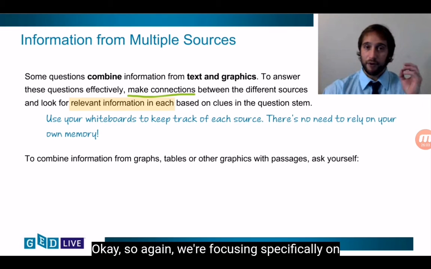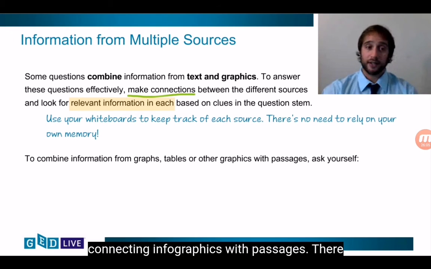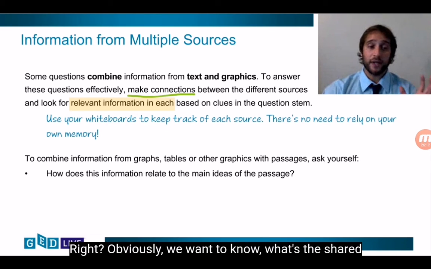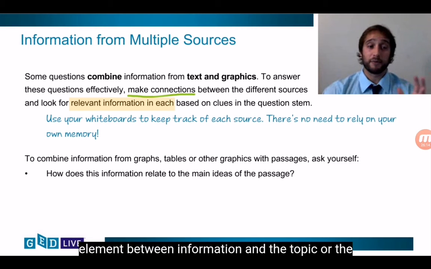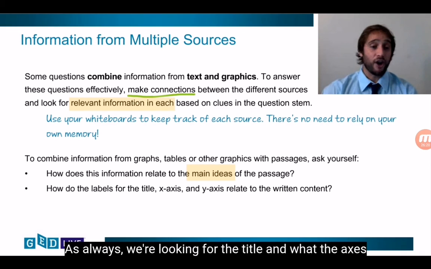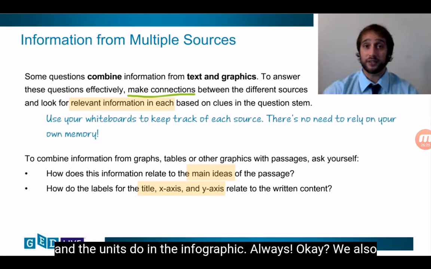Okay, so when we're focusing specifically on connecting infographics with passages, there are some things we should consider. Obviously, we want to know what's the shared element between the information and the topic or main idea of the passage. How do they link up? As always, we're looking for the title and what the axes and the units do in the infographic.